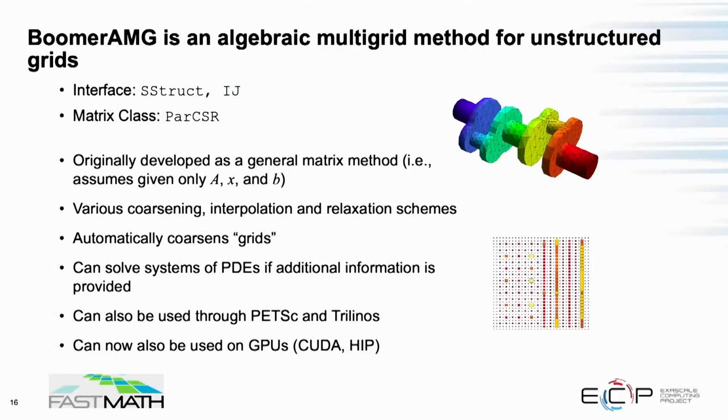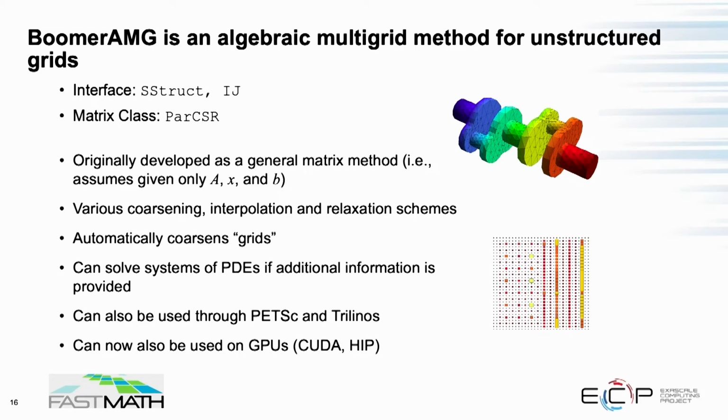Now I'll review some of the algebraic multigrid algorithms and design details for our structured and unstructured solvers in HYPRE. On the unstructured side, first, BoomerAMG is our unstructured method, and it's really the workhorse of HYPRE. Lots of folks use it for a lot of different applications. It features many different options, so you're able to customize this solver for your particular problem of interest.